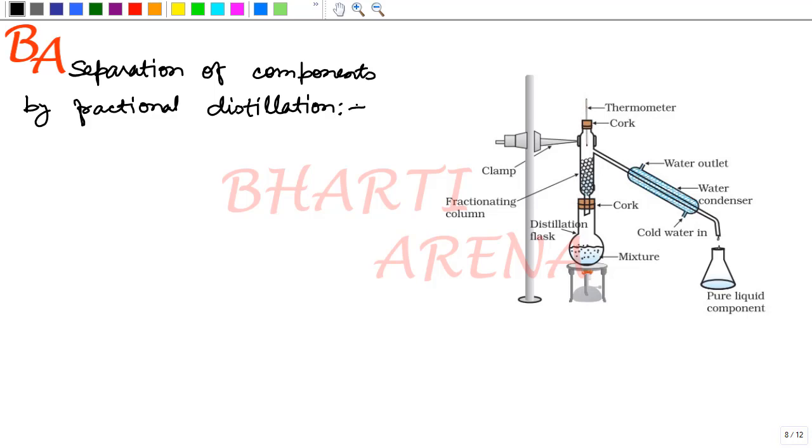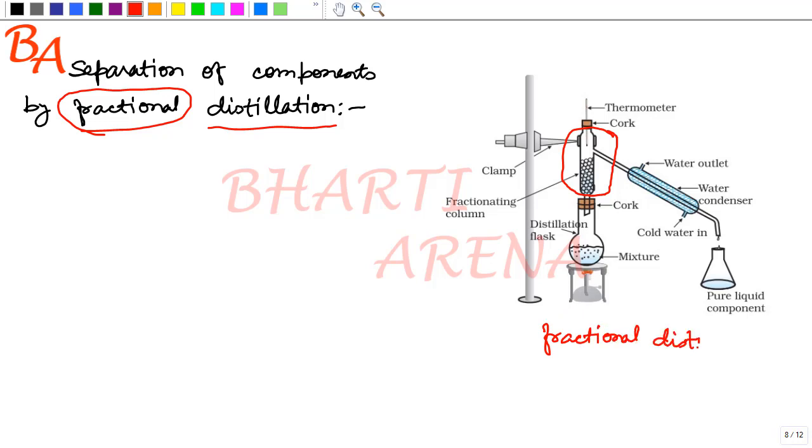It is the same as distillation, but there is one difference: in the setup of fractional distillation, this is an extra thing. Otherwise all the parts of the setup remain the same as in distillation.